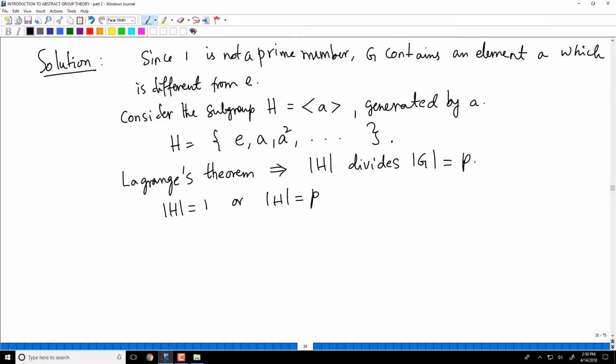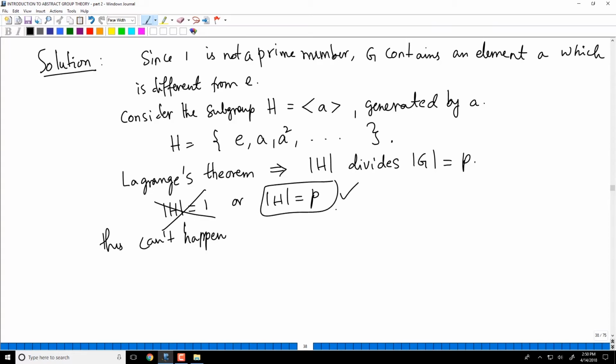So the order of H is either 1 or the order of H is P. Clearly the order of H cannot be 1. Why can't this happen? Because H contains A and E which are distinct. So H cannot be an order 1 group. So the order must be P.